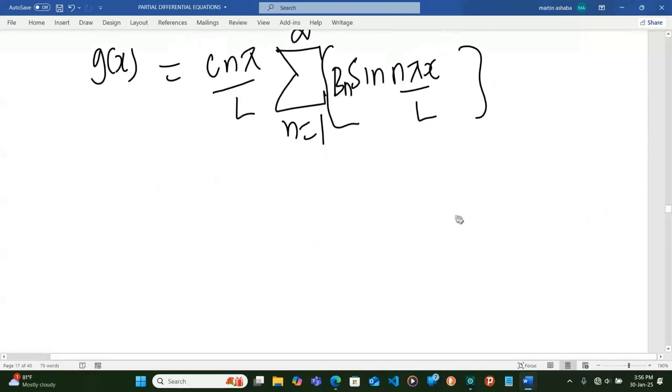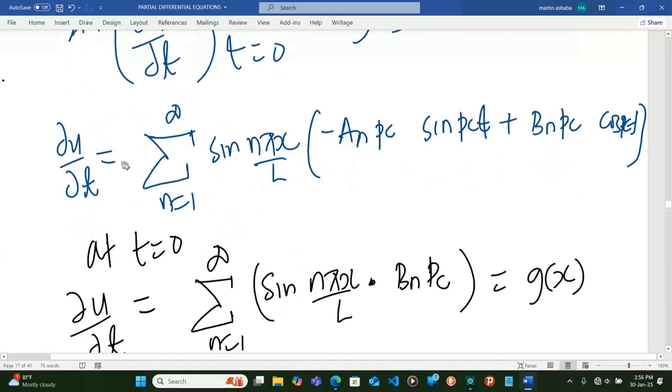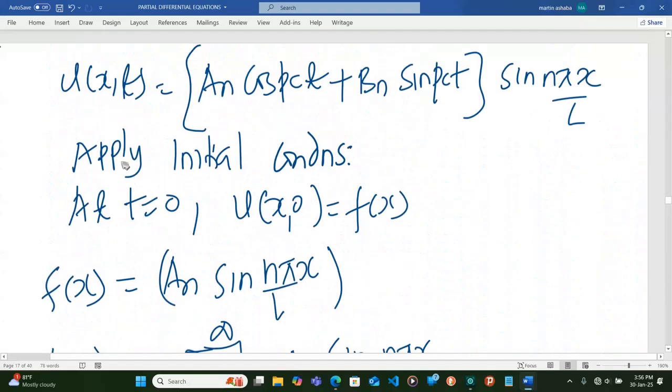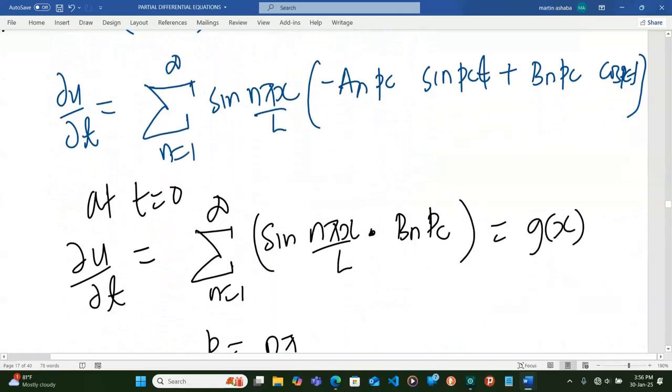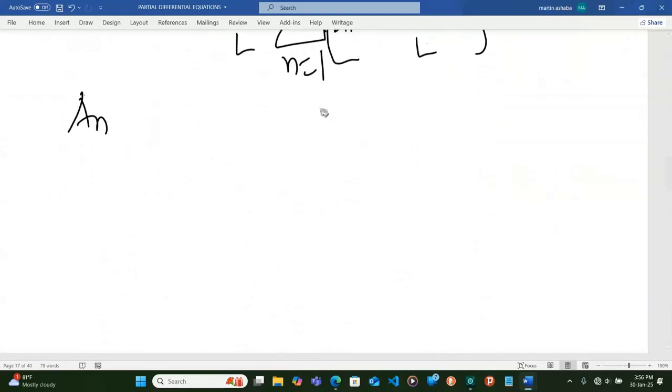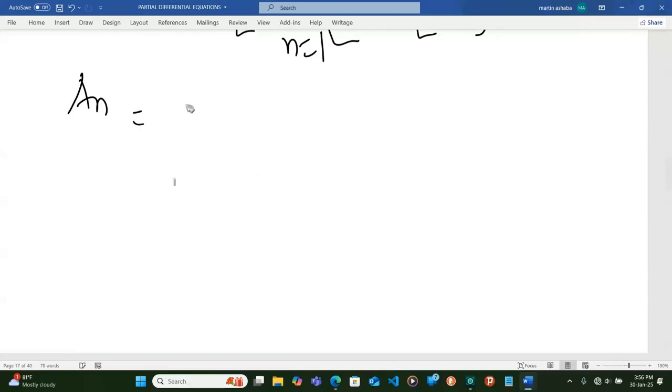So how do we determine An and how do we determine Bn? For An, as we have seen, we have sine n pi x out of L. This is going to be equal to 2 times the mean value.